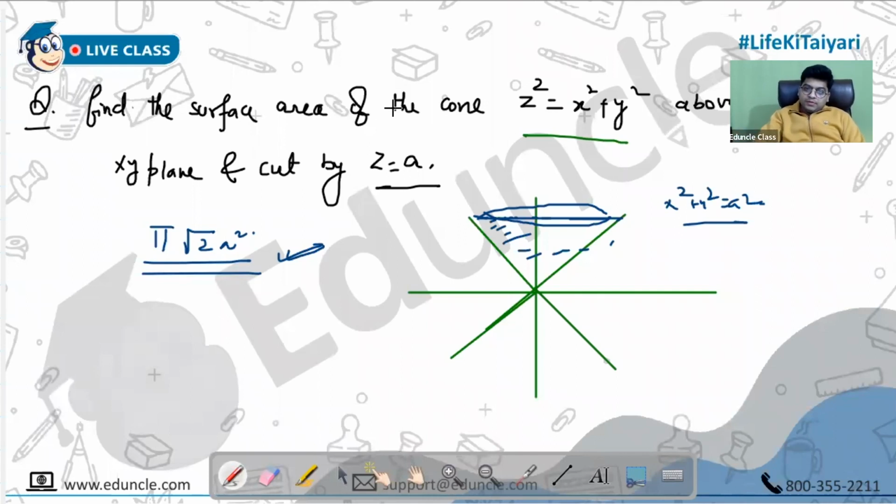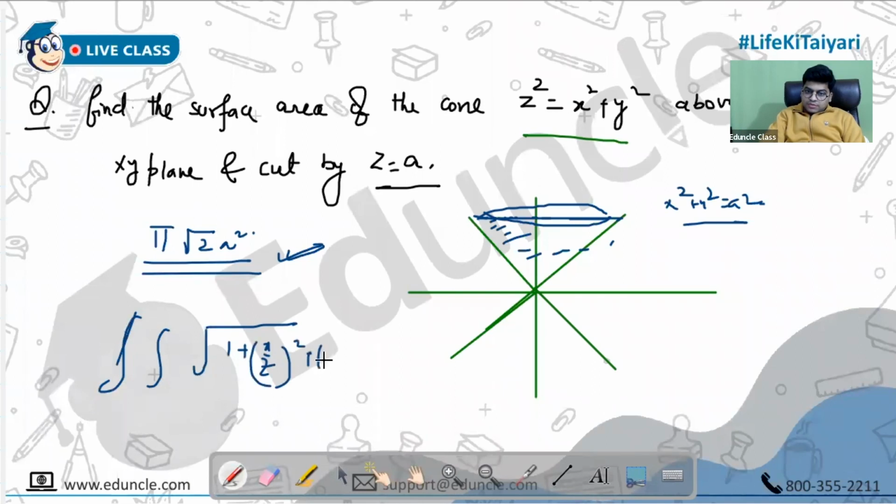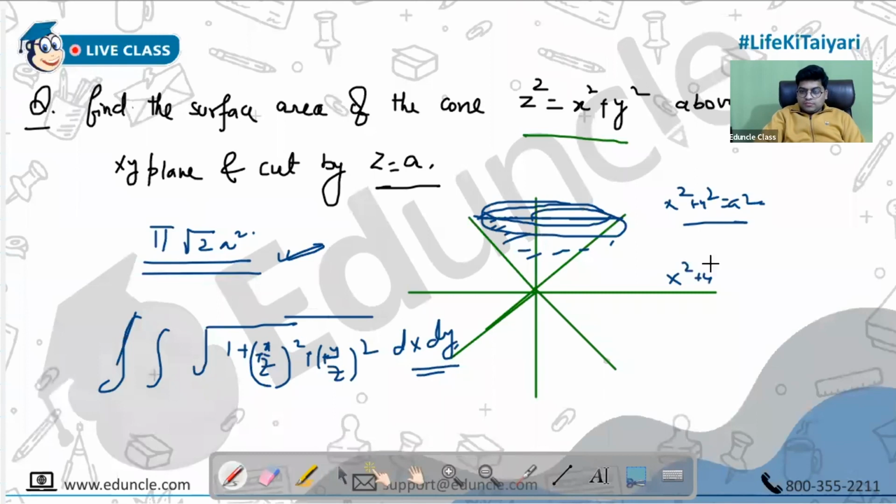See, this is simple. You can find out the double integration of under root of 1 plus (del z by del x) whole square plus (del z by del y) whole square, dx dy. The minus is positive only. And you are saying x square plus y square is equal to a square is the surface, and you will not multiply by 2.